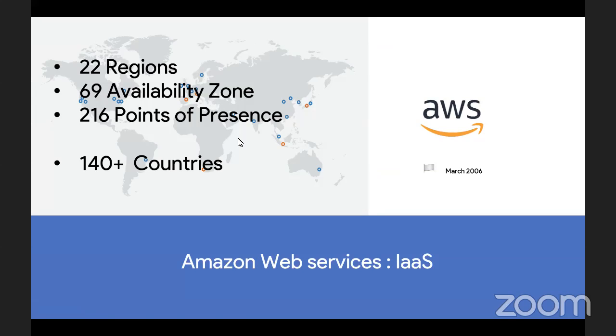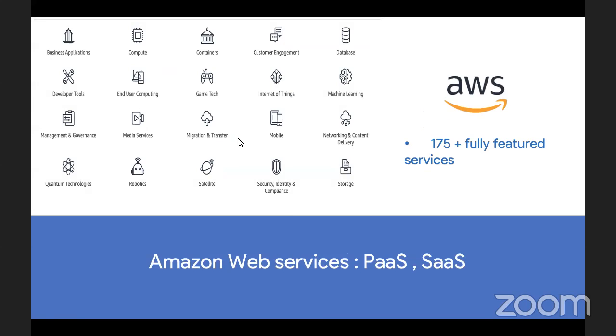So this is the brief overview of infrastructure as a service in AWS. Then there is platform as a service and software as a service that AWS has come up with. AWS became a behemoth in infrastructure as a service, and they started extending their platform into platform as a service and software as a service.